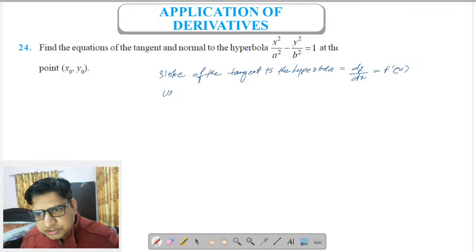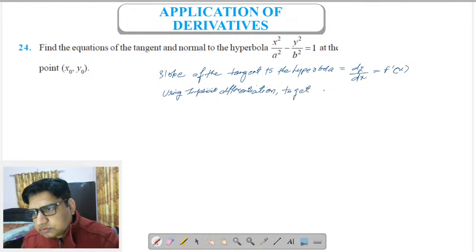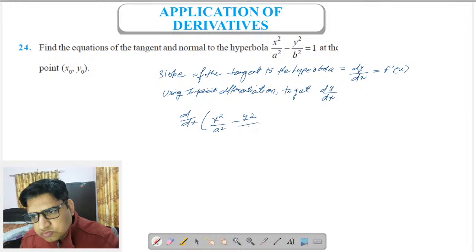Using implicit differentiation to get dy upon dx, we have dy by dx of x square by a square minus y square by b square is equal to dy by dx of 1.